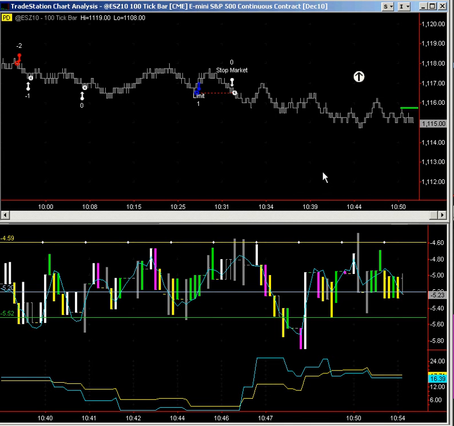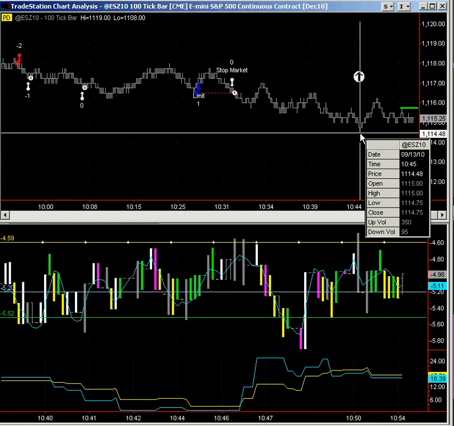So we'd like to see this maybe drop in the neighborhood of 1425, 1450, a couple of ticks below this low. So that brings us to 1425.